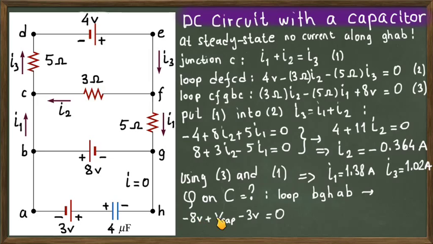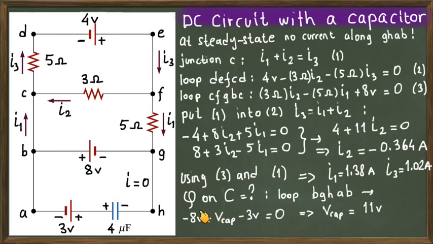Solving this equation for V capacitance is very easy. When you solve this, you find the voltage difference between the terminals of the capacitor: 11 volts.